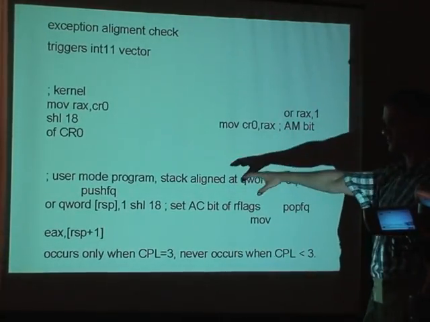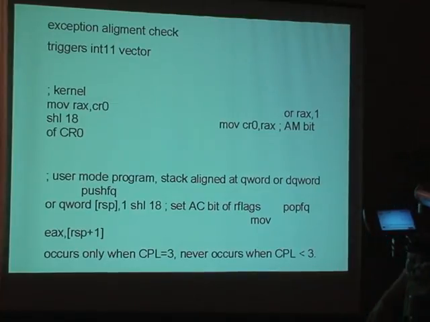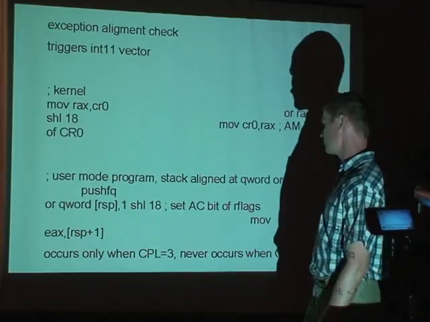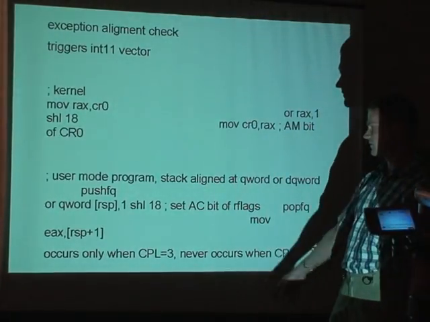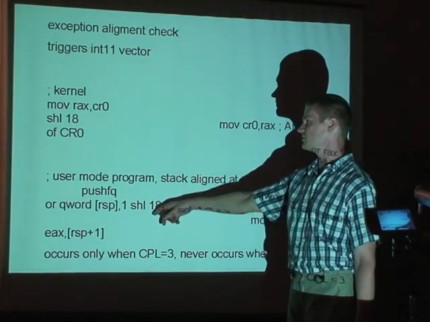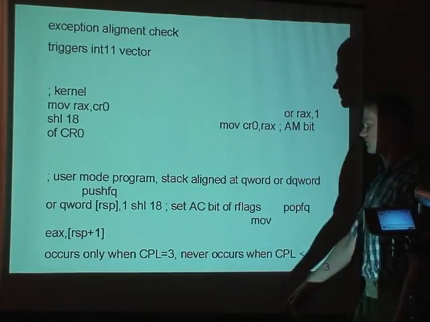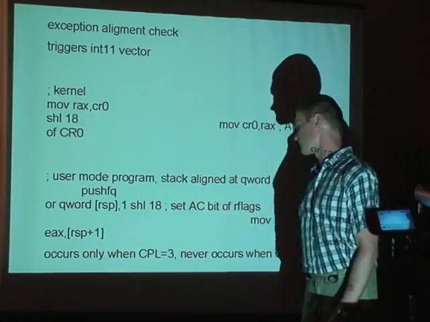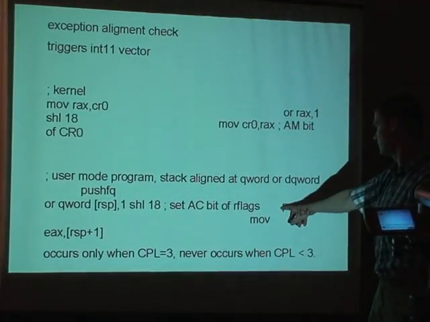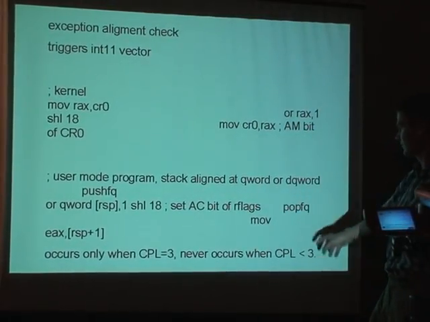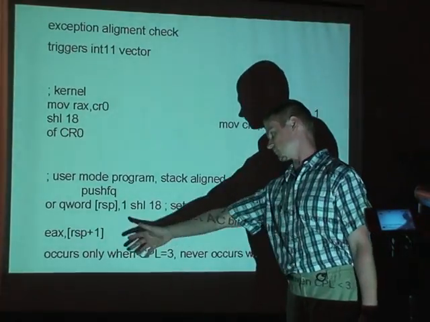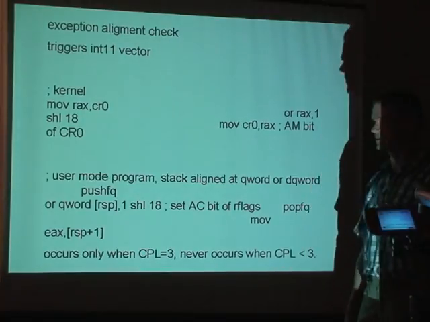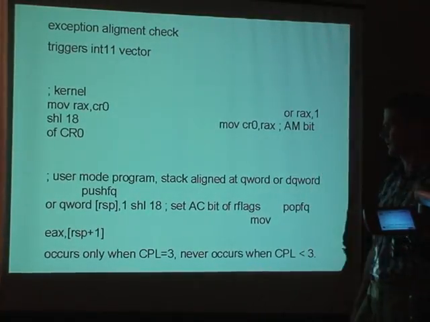We assume that the stack is correctly aligned. We push flags. We set the bit 18. This is the same as in control register, but now we set it in flags. Then we write it into flags, and then we try to access a double word which isn't aligned.